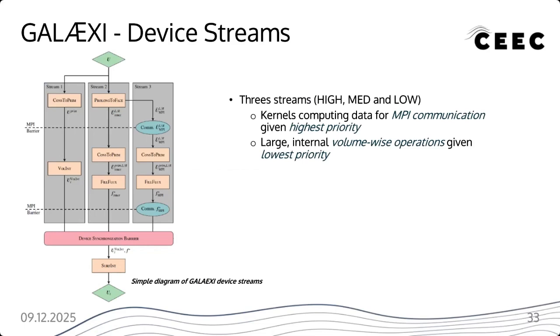So we can do the MPI communication, and all of the interior elements can be worked on while that MPI communication is being carried out, right? The lowest priority is then our large volume-wise operations, like our volume integration. These are done completely independently of everything else, so we can just have them sitting on the back burner, computing in the background, because they aren't bothering anything else.